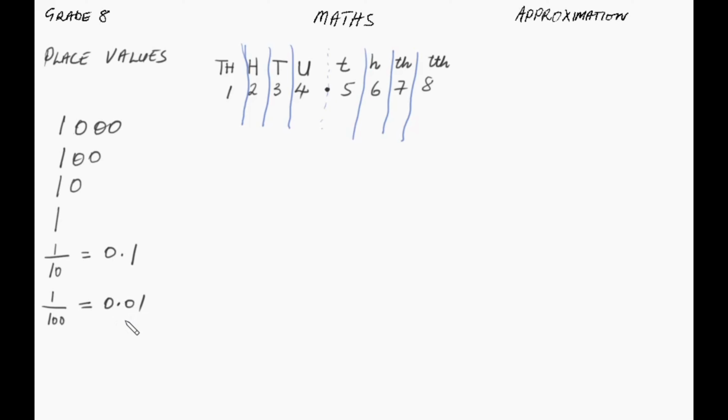A thousandth is 1 over 1000, which is basically 0.001. Now, we need to understand this.